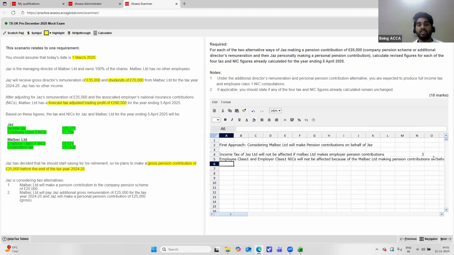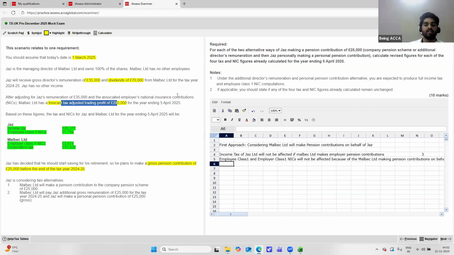But now what is happening? How would Malbec's corporation tax be affected? Why is that? Because the tax adjusted trading profit is calculated considering Jazz's remuneration and employer's national insurance contributions. But the pension contributions that are made by the employer is an allowable deduction for corporation tax purposes.